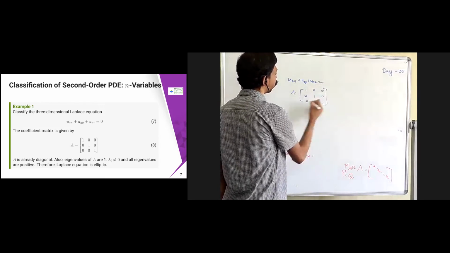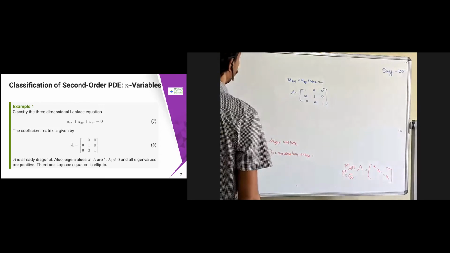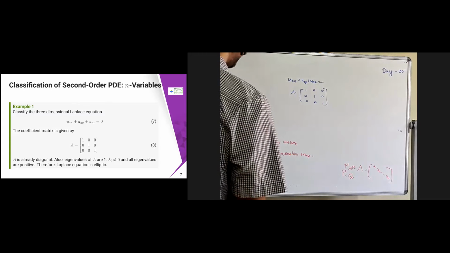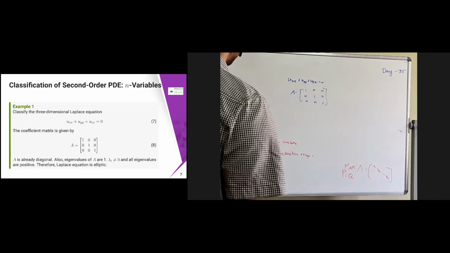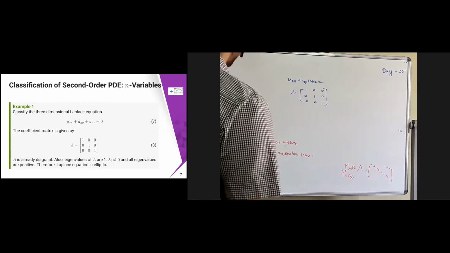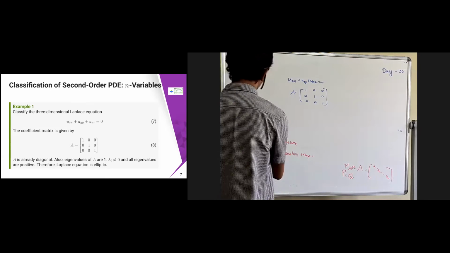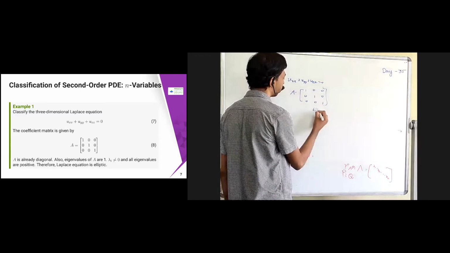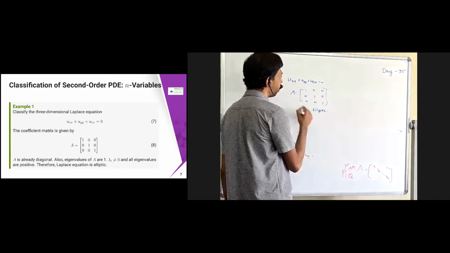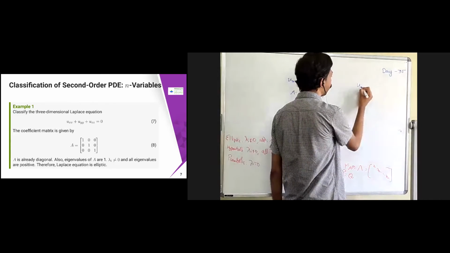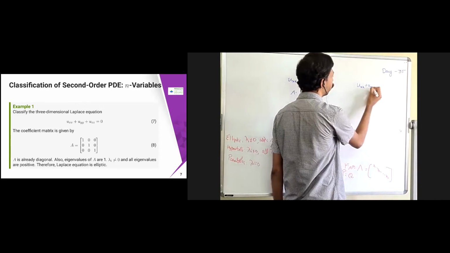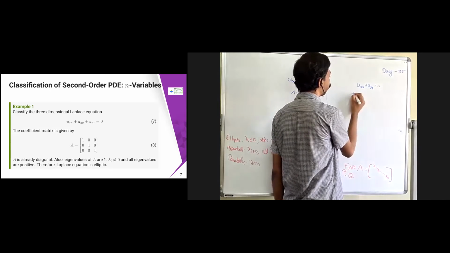You can see clearly that this A is symmetric and it's the identity matrix, so the eigenvalues are all the same. If the eigenvalues are all the same sign, with lambda not equal to 0, then this is elliptic. The same case you can see for the 2-dimensional case, where we know that uxx plus uyy equal to 0.